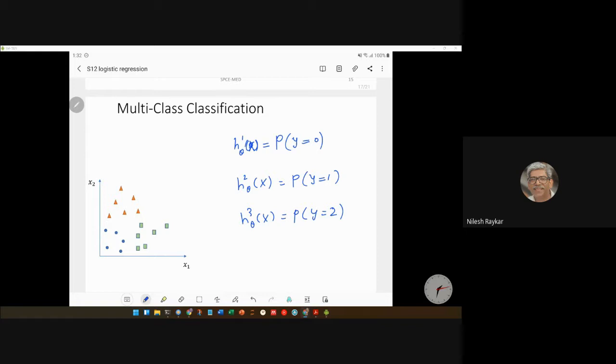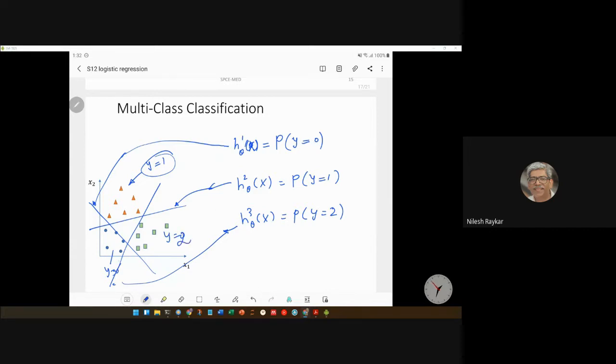In the first hypothesis function, let's say this is y equal to 0, you will be considering a decision boundary. Let's keep it linear. So this hypothesis function classifies between 0 and the other samples. The second hypothesis function, let's call this y equal to 1, classifies between 1 and the remaining samples. And there is a third classifier h3, which classifies between y equal to 2 and the remaining samples.